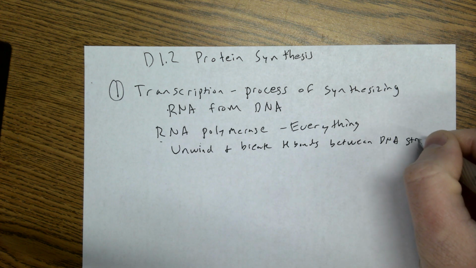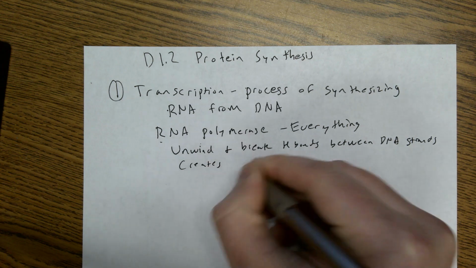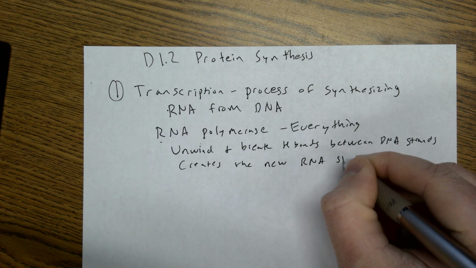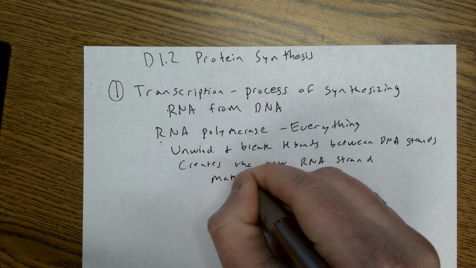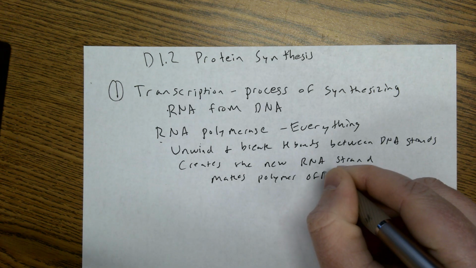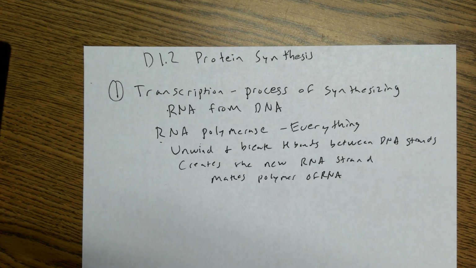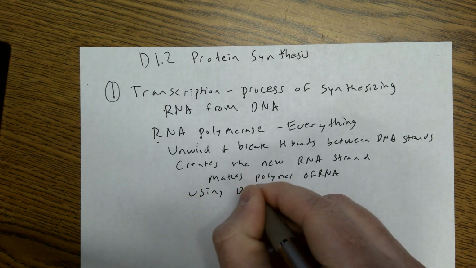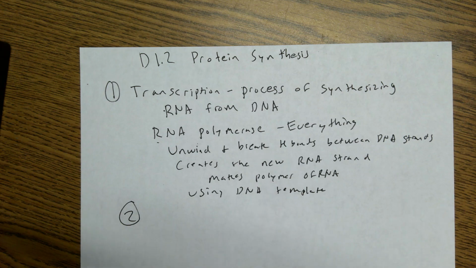So it does everything that helicase does, and it creates the new RNA strand. So it makes the polymer. It actually makes the polymer of RNA using the template. Using DNA template. And that leads us nicely into standard 2.